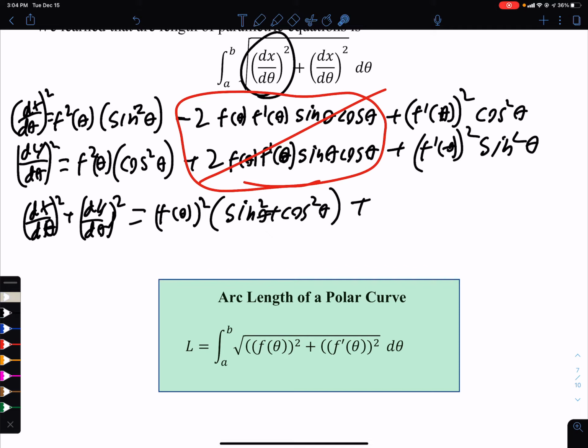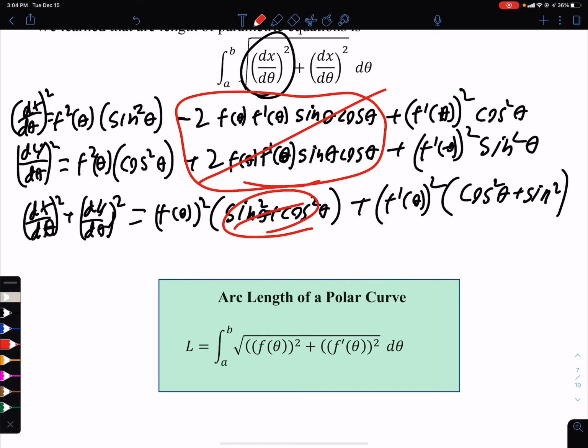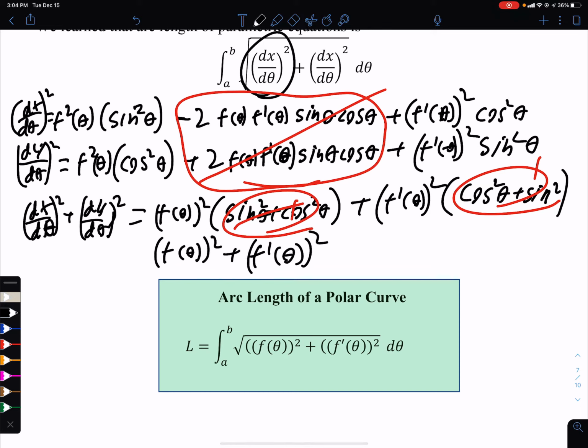And then on this one, I'm going to factor out the f prime of theta squared. And that's going to leave me with cosine squared plus sine squared. And the beauty, this is 1, this is 1. And I end up with f of theta squared plus f prime of theta squared.